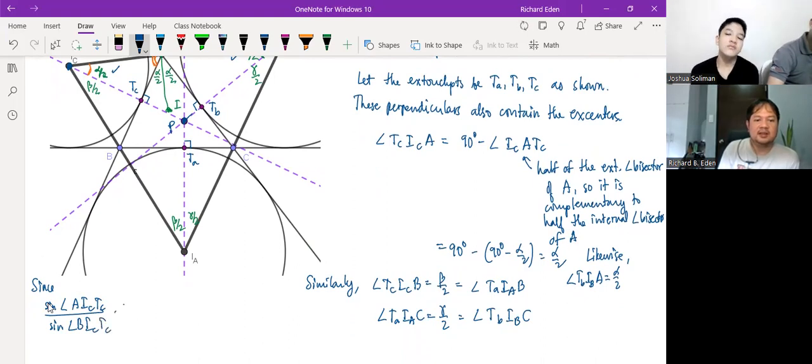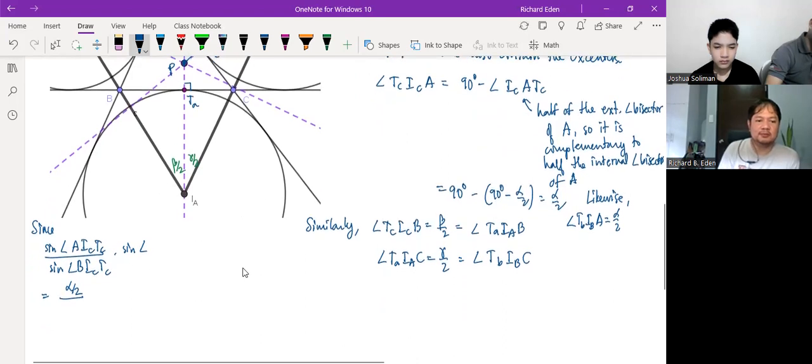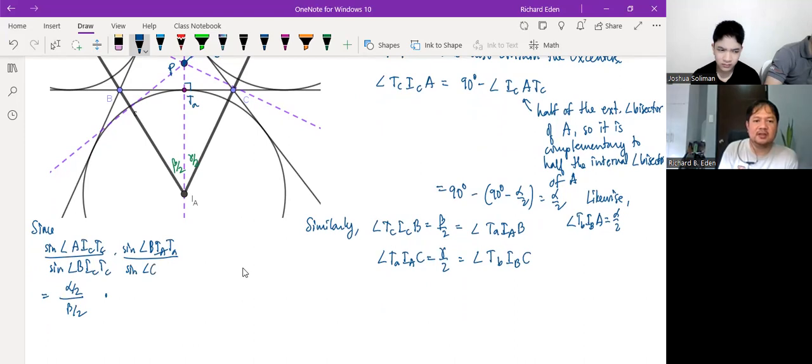BICTC times the sine of, so this is alpha over 2 divided by beta over 2, and then times sine BIATA over sine of angle CIATA.